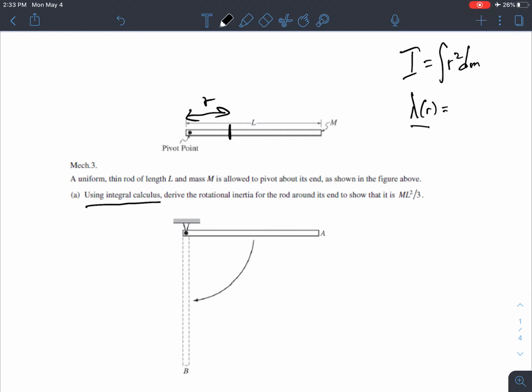That's what this function is. So this is like how much mass at distance r from the axis.